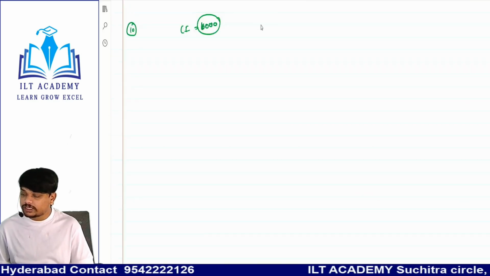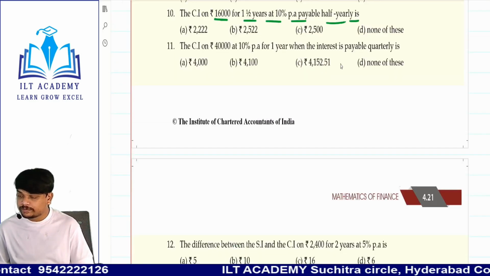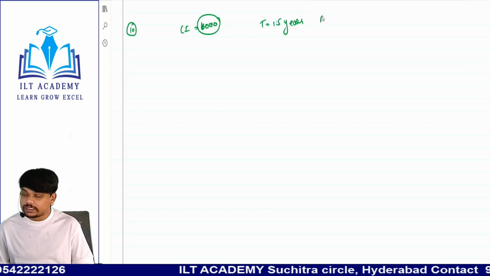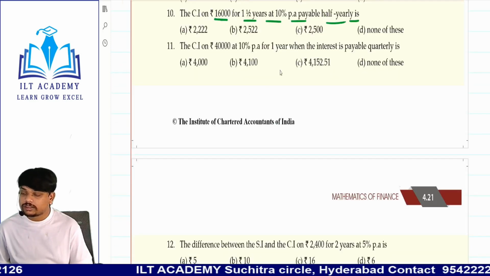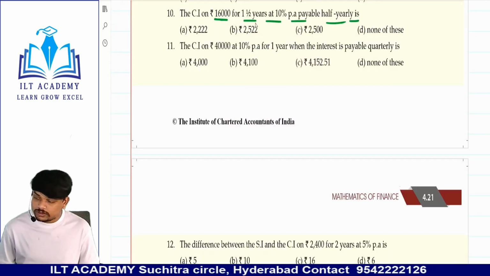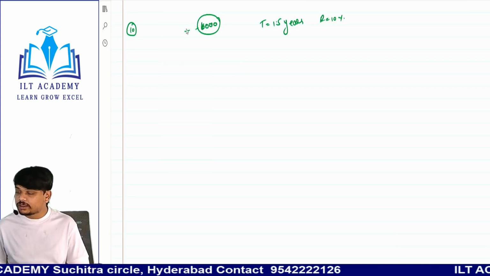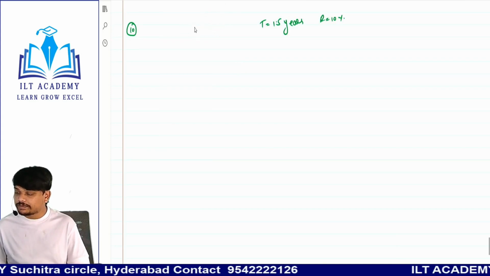On 16,000, time is 1.5 years, rate is 10%, payable half yearly. Compound interest we need to find. This 16,000 is not compound interest, this is the principal amount.